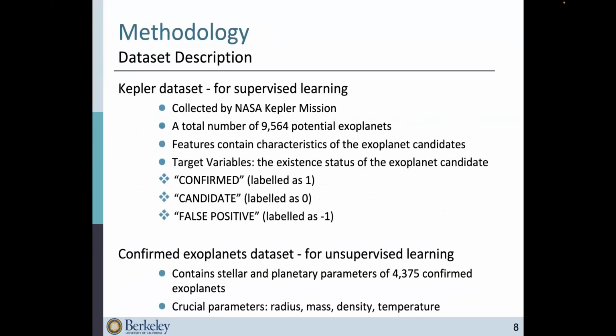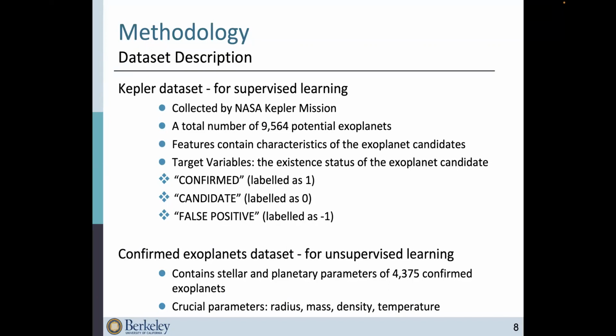First, let's have a description of the dataset. The Kepler dataset is for supervised learning and is collected by the Kepler mission, as mentioned before. A total of more than 9,000 potential exoplanets are included in this dataset. The features contain characteristics of the exoplanet candidates, and the target variable is the existence status of the exoplanet candidate.